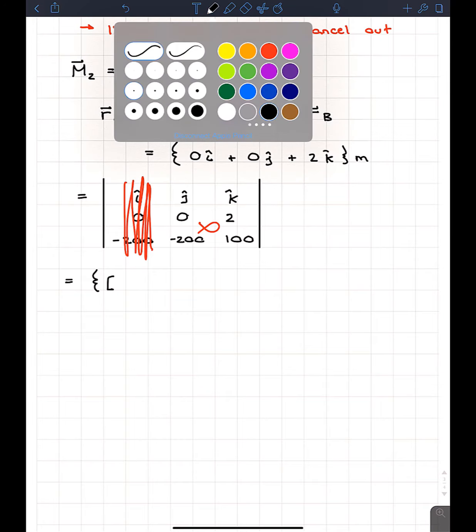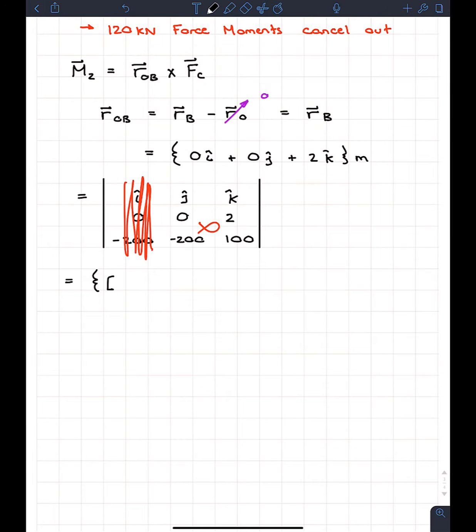The fish tells me the order of operations. It starts at 0, so the first component is 0 times 100, and we go minus, and then the next one is 2 times negative 200. So that right there is going to be my I.